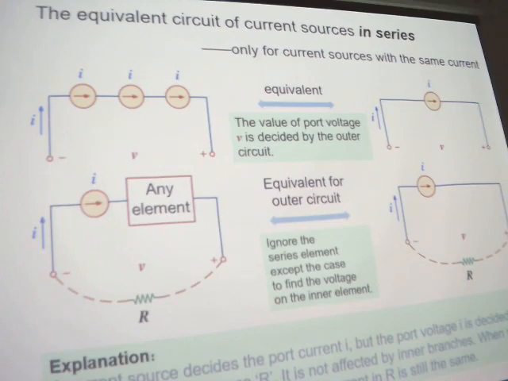So here is the explanation. A current source besides the port current I, but the port voltage V is decided by the outer circuit resistance R here. It is not affected by any inner branches. When you remove this element, the voltage and current in R still the same.